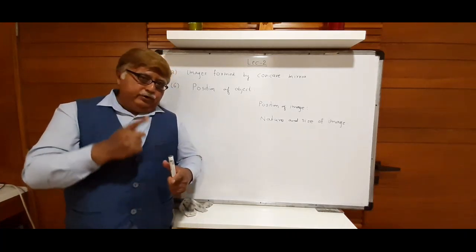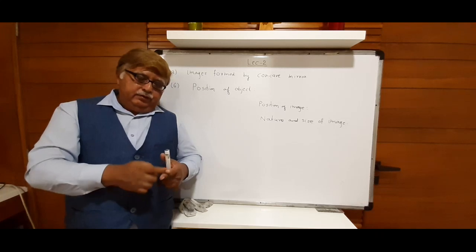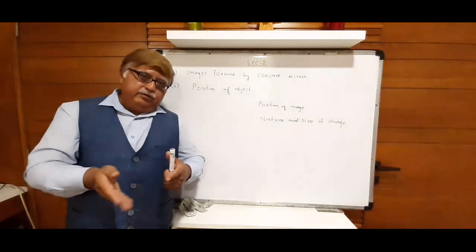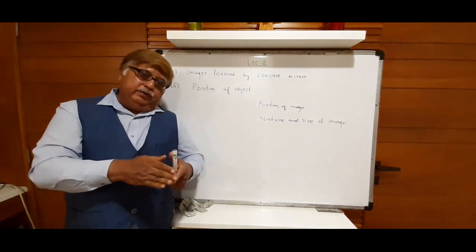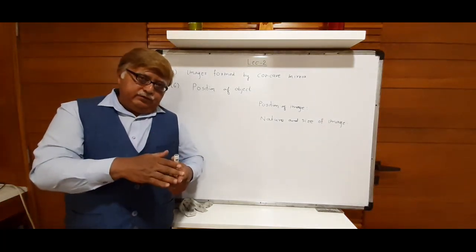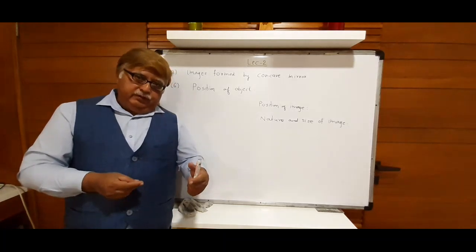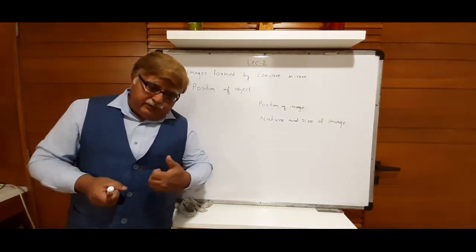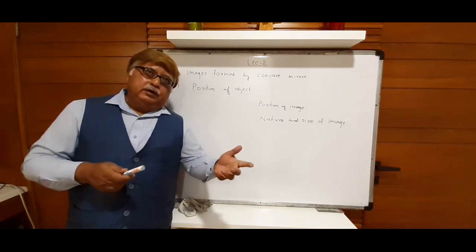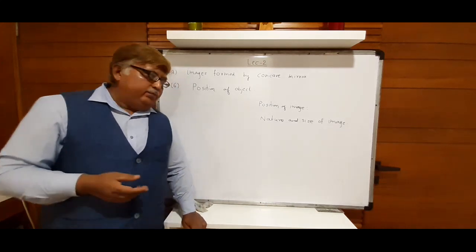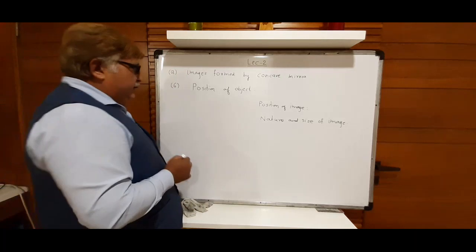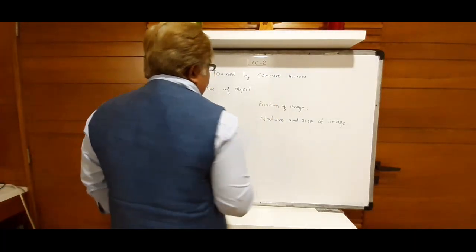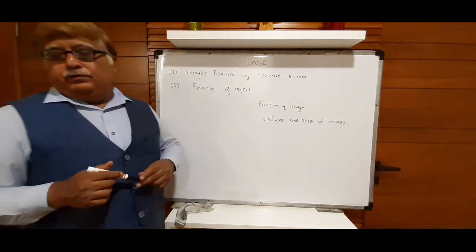First the image is diminished, then smaller, then a bit bigger, then exactly the same size, then larger, then again larger. So as you bring the object nearer and nearer to the mirror, the image grows bigger and bigger. The last diagram we are studying today is the last type of image formed by a concave mirror.